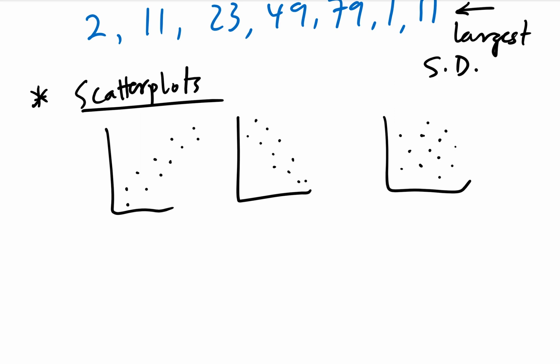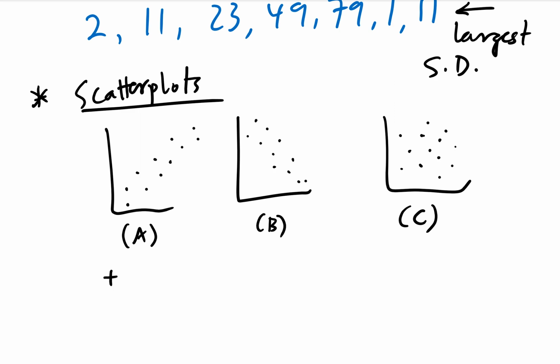So the question is, we have what we call correlation. Correlation could be positive correlation or negative correlation. That's what correlation is about. So which one would have a positive correlation? Let's call these figure A, figure B, figure C. Which one has a positive correlation?